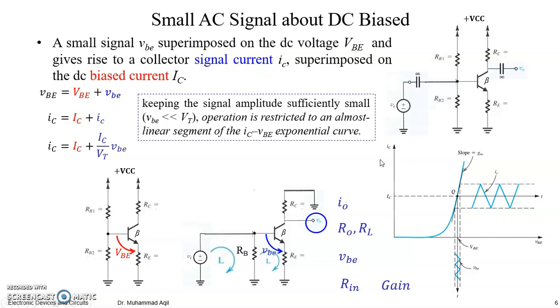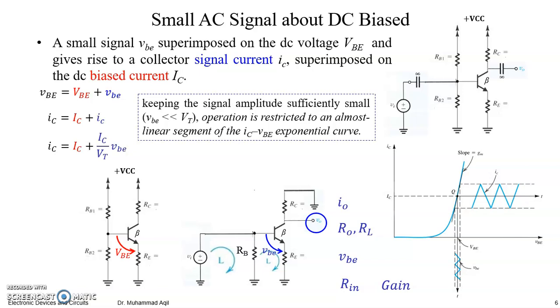The desired mode was active mode, right? Because we were discussing the application of amplification. So for amplifier design, we have to bias the BJT in active mode.